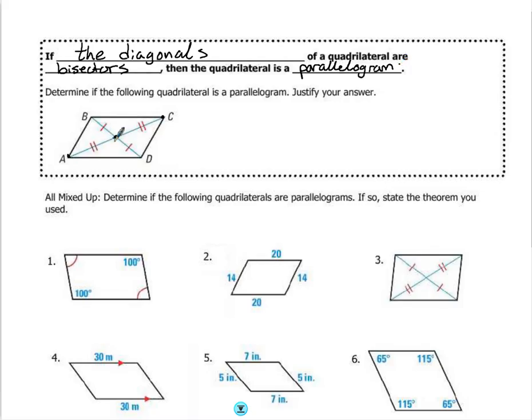So let's go ahead and look at this specific example. Since this segment is congruent to this segment, and this segment is congruent to this segment, the point where they intersect is obviously the midpoint. And I can go ahead and say quadrilateral ABCD is a parallelogram. And why?